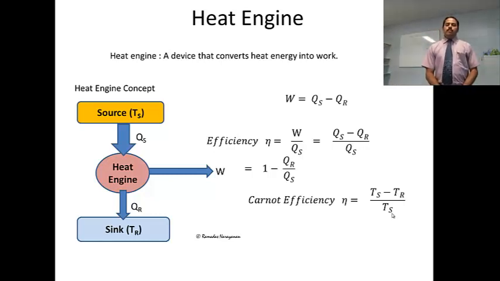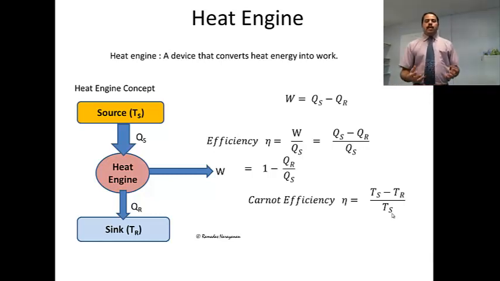This is the maximum possible efficiency that can be achieved by an engine. It depends upon the maximum temperature, or the temperature of the source, and the temperature of the sink, which is the minimum temperature. So the Carnot efficiency is the maximum possible efficiency for an engine.